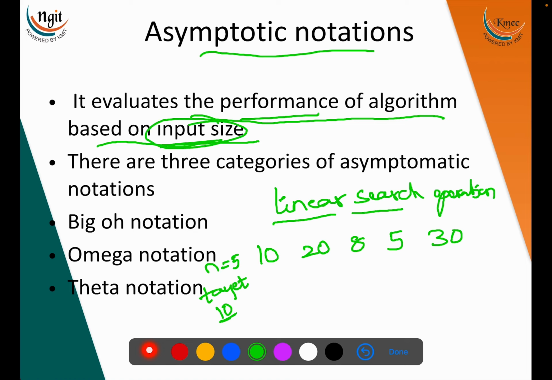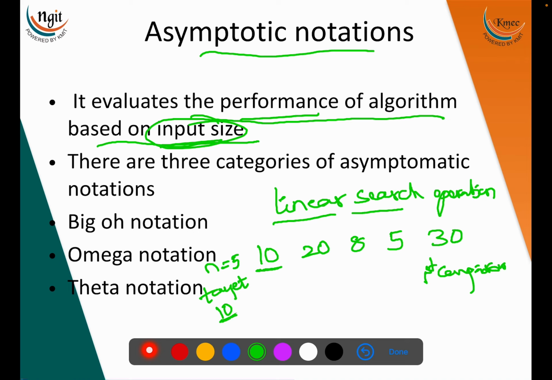Now my input is the target, which I have given as 10. When my target element is 10, I will find it by comparing the first index element with the target element. So the performance of this algorithm is successful in the first comparison.